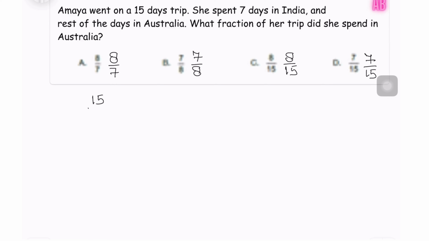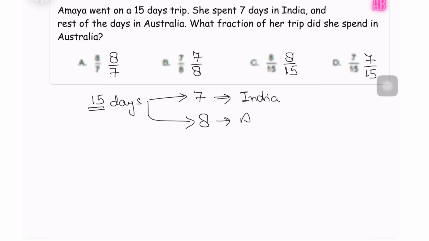Total trip 15 days, out of which 7 days India and the remaining number of days Australia. So what is the fraction of the trip she spent in Australia?